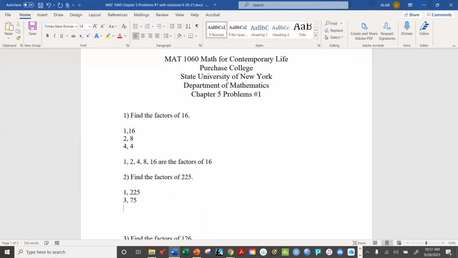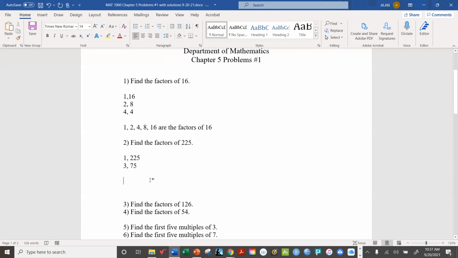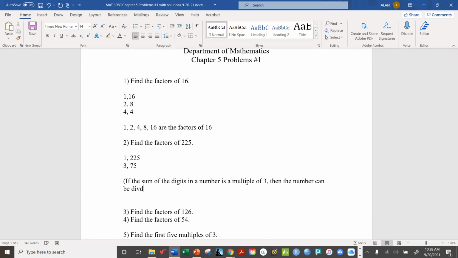clever way of deciding this. And let me just put this in here in parentheses. This is a little fun fact. If the sum of the digits in a number is a multiple of 3, then the number can be divided by 3.